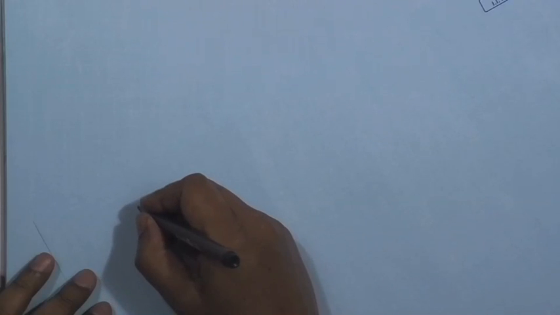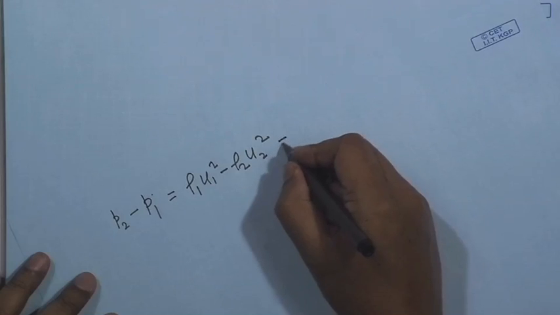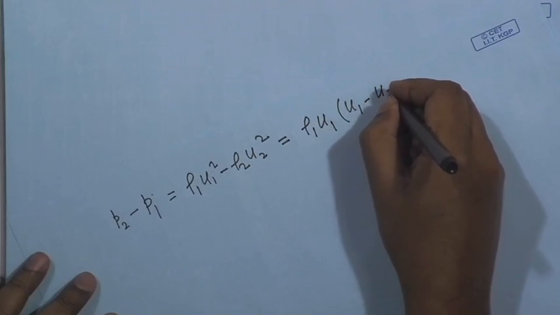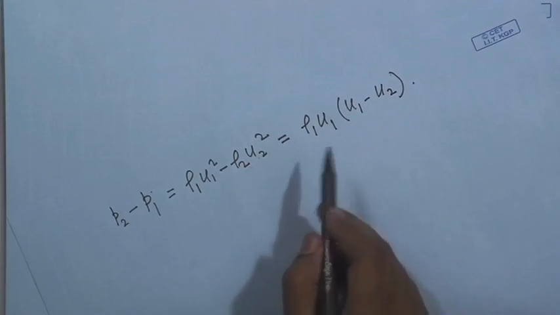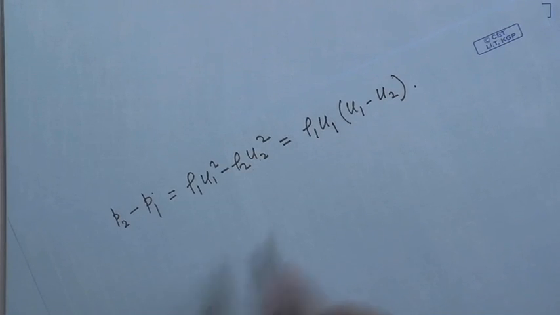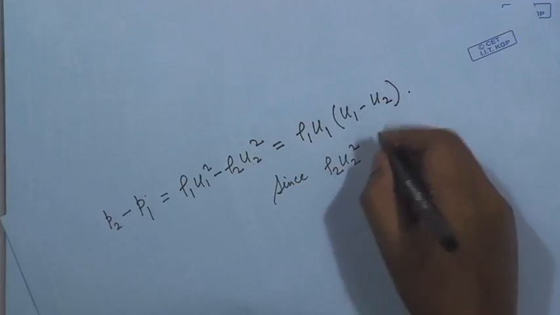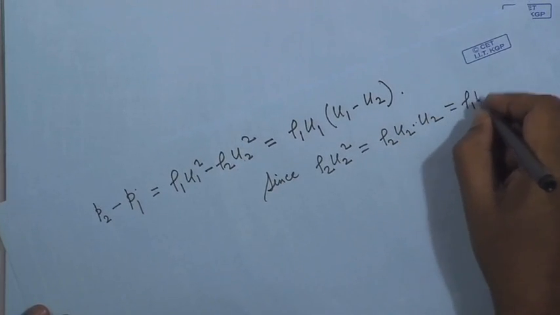The pressure difference between these two stations can be obtained from the momentum equation written in the form P2 minus P1 equals rho1 u1 square minus rho2 u2 square, which can be written as rho1 u1 into u1 minus u2, where rho2 u2 square is written as rho2 u2 into u2, which is rho1 u1 u2.